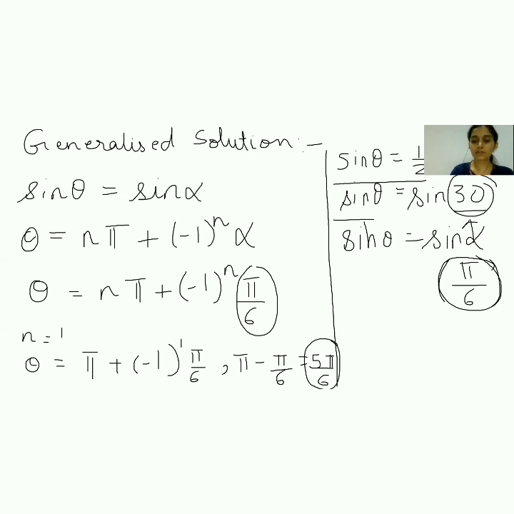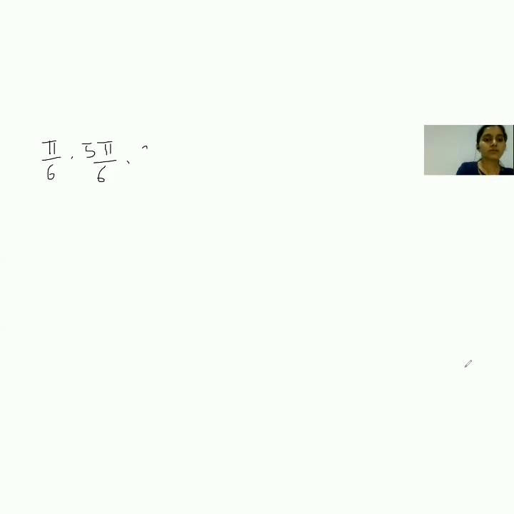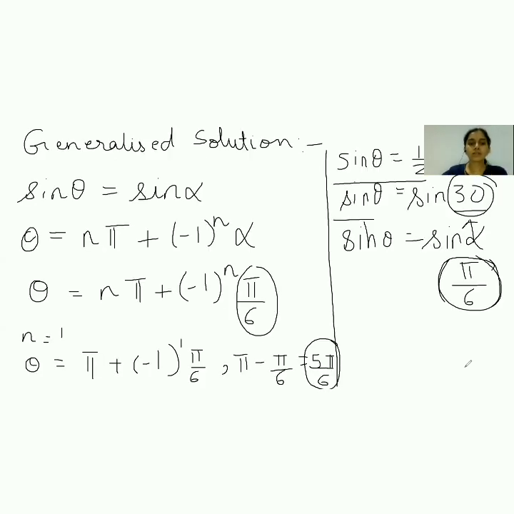So 2 pi plus pi by 6, that is 12 plus 1, 13 pi by 6, right? So this is equal to 13 pi by 6. This way, we can get as many solutions as you want to the value theta. That is why it is called generalized solution.